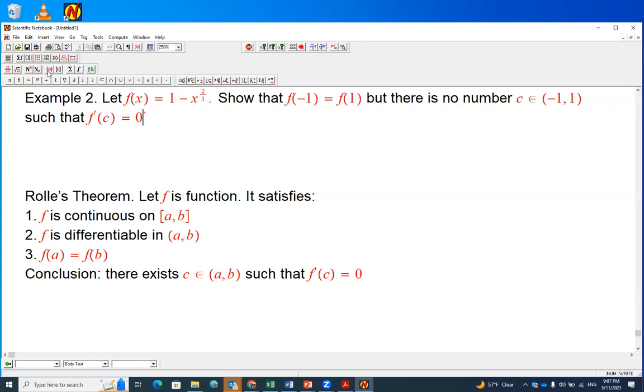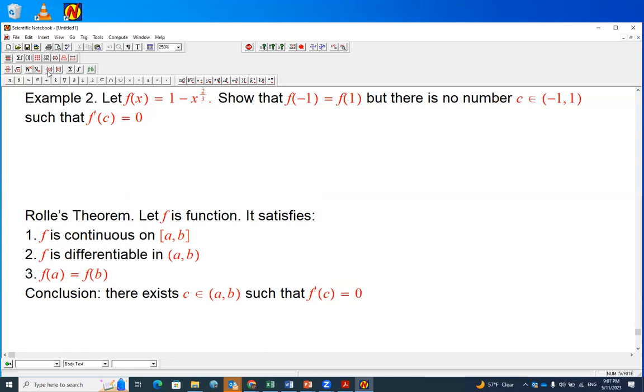Such a number does not exist. And then the question is, why does this not contradict Rolle's theorem?